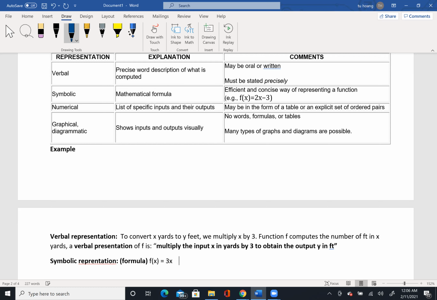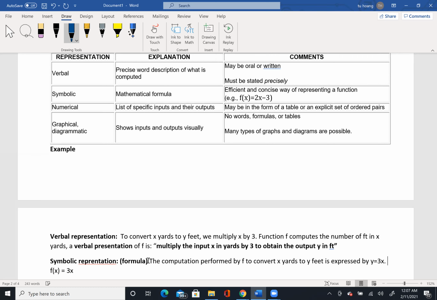So in here, maybe I'm gonna write something like: let the computation performed by f to convert x jars to y feet be expressed by y equal to 3x, right?